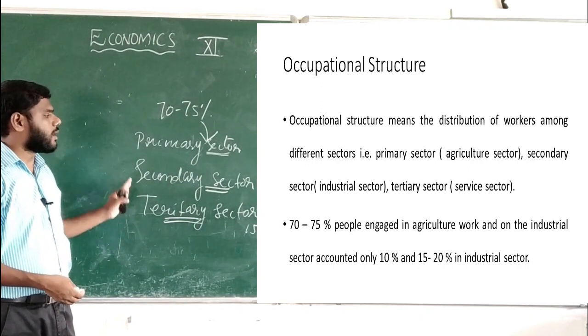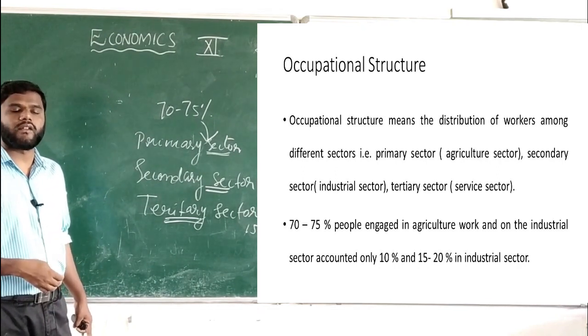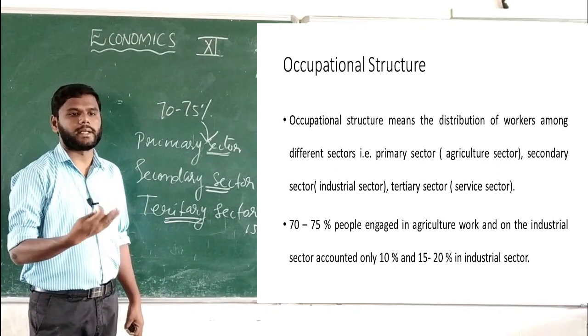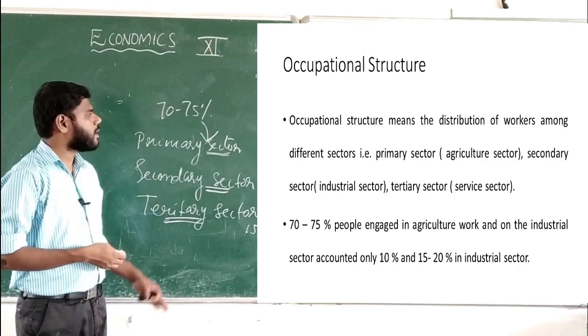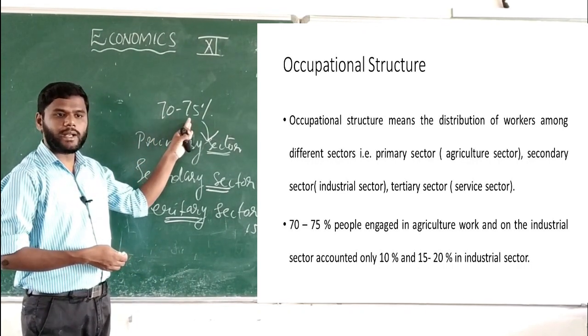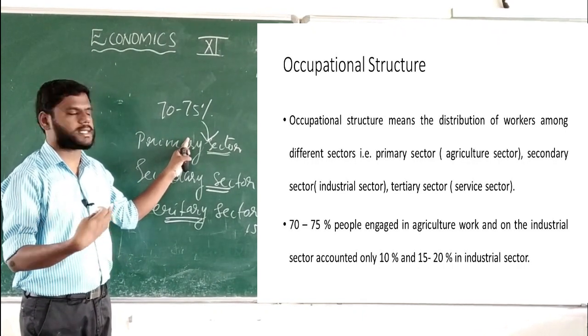This was the occupational structure that existed during the rule of English East India Company, or during the rule of British. So primary sector, around 70 to 75% of people are engaged in agriculture.